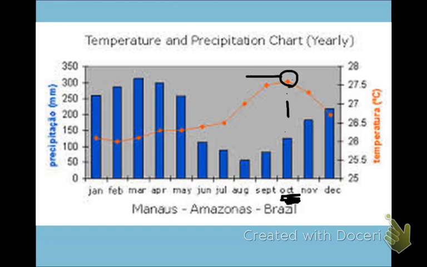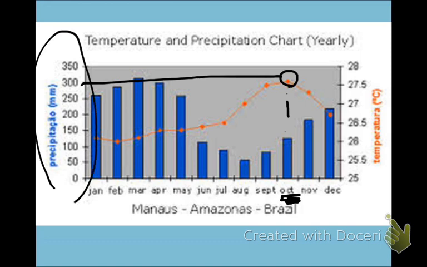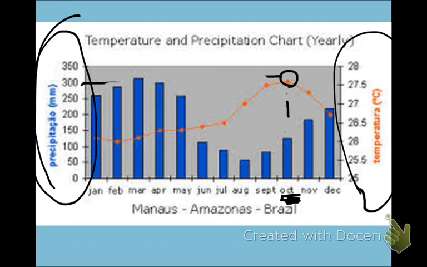But if you read it based on the number here and you say it's 300 degrees, you're wrong, because this side is precipitation. This side is temperature. So if you're reading a temperature number, you have to make sure that you look at the temperature side. If you're reading the precipitation for October, you're looking at the precipitation side. So temperature on the temperature side, precipitation on the precipitation side.